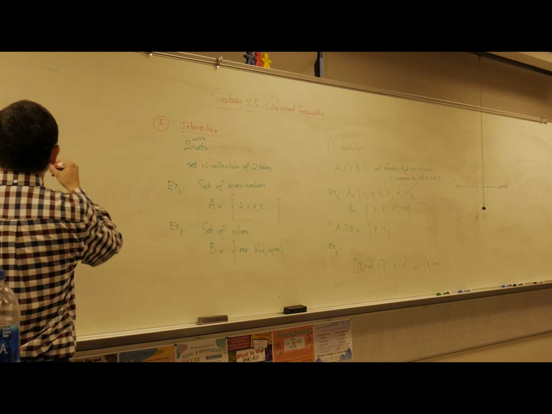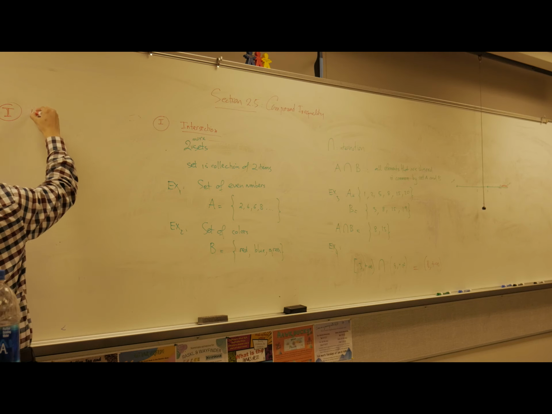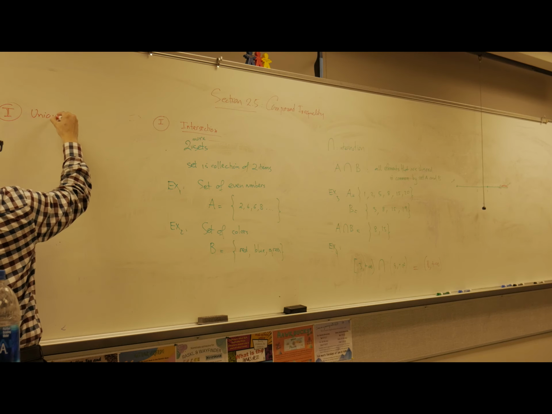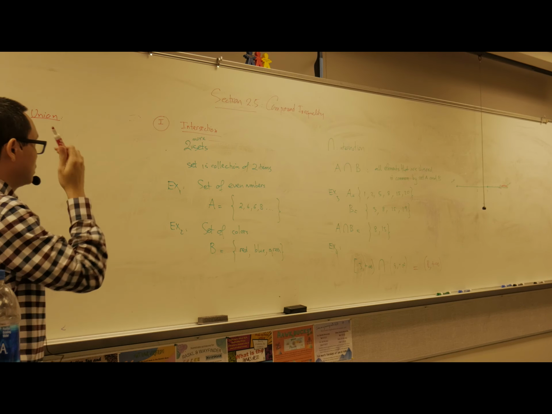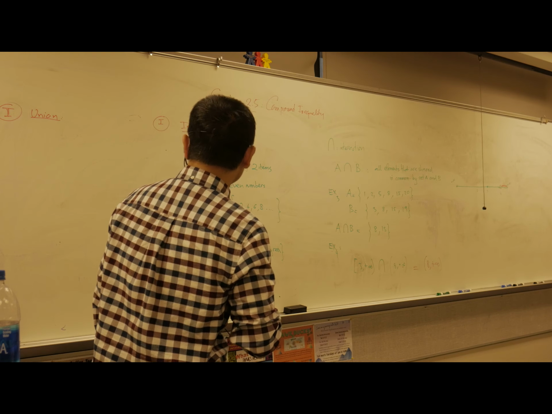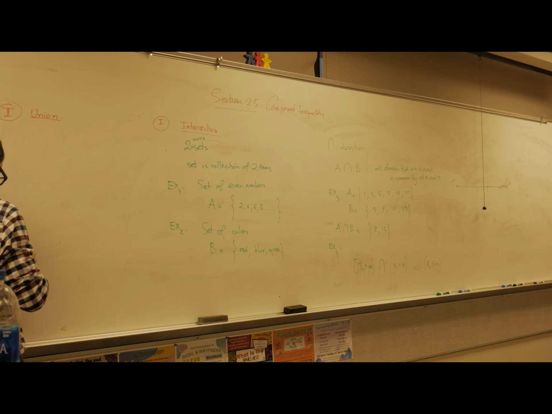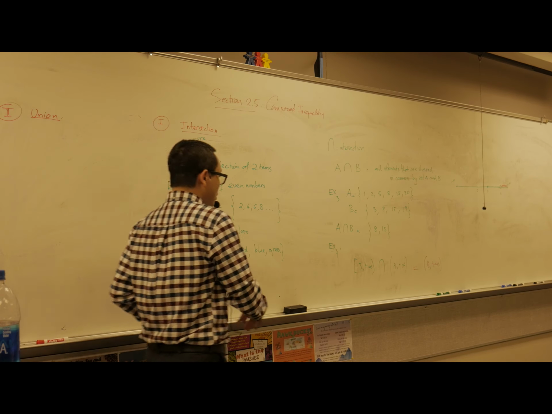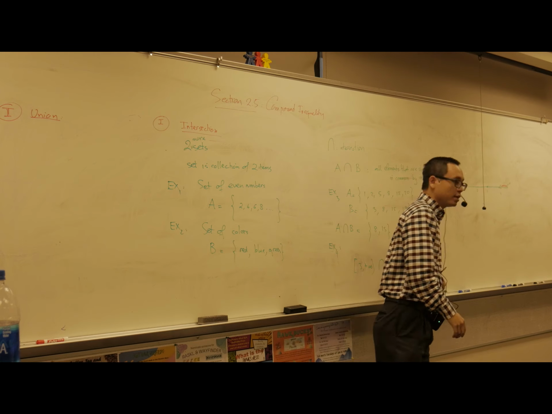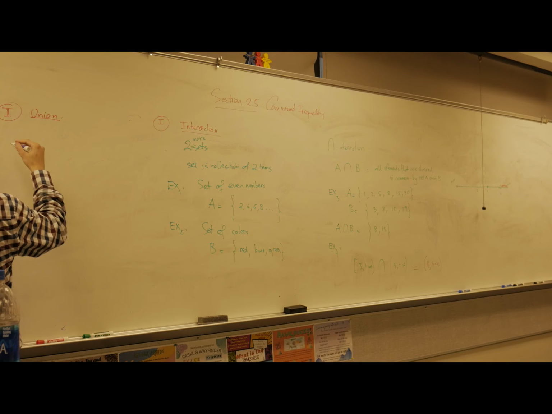On the second part of our lecture, we were talking about union. Alright, what does it mean by union? The notation for union will be the kind of letter U like this.